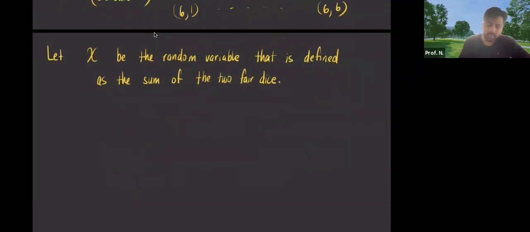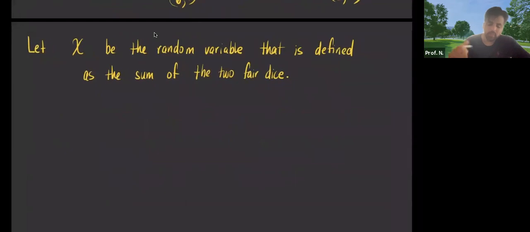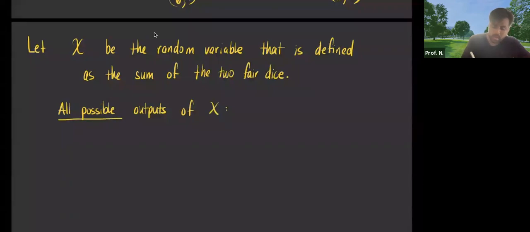And once I do that, what are the possibilities for the value of this random variable? What are all the possible outputs of X? What could this random variable X actually be?